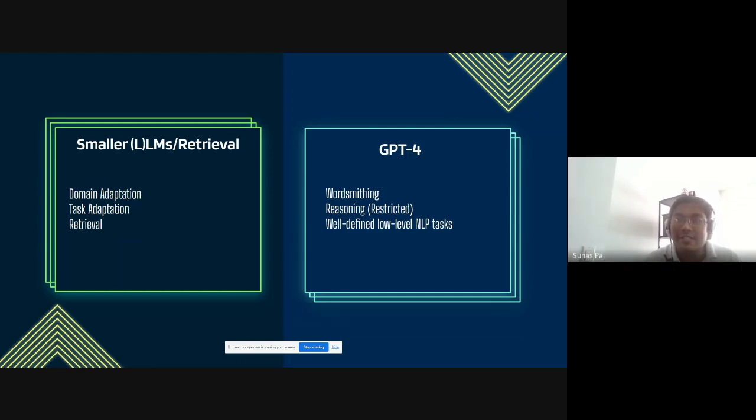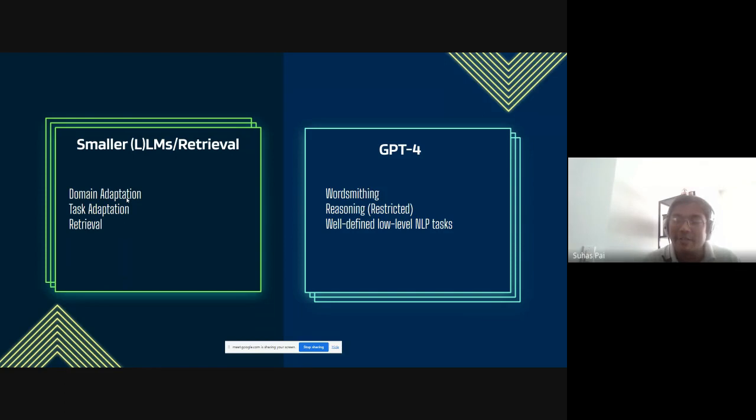There are certain things that the smaller LLMs just cannot do, like some kind of abstract reasoning, a very restricted form of reasoning. GPT-4 isn't that good at reasoning either, there are many pitfalls, but you can somehow isolate what kind of reasoning you need for a particular task.